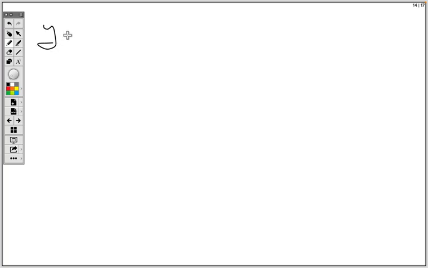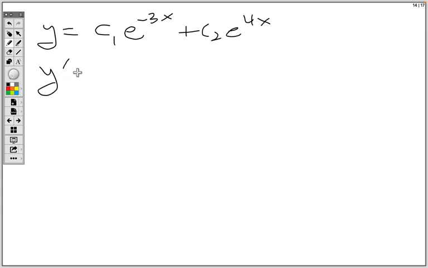So we start with our function y, and we just go through and take the derivatives. Every time you take a derivative of e to the minus 3x, you're going to be popping out a multiple of -3. And likewise, every time you take a derivative of e to the 4x, you're going to be popping out a multiple of what?